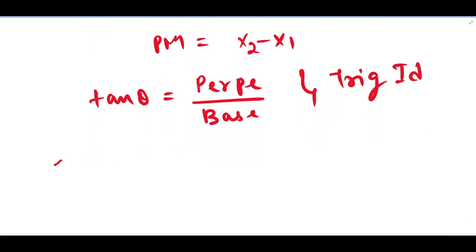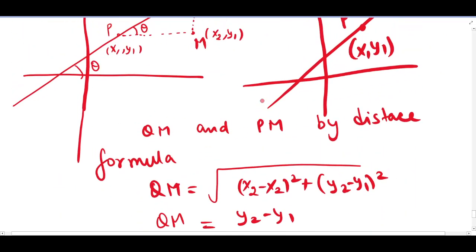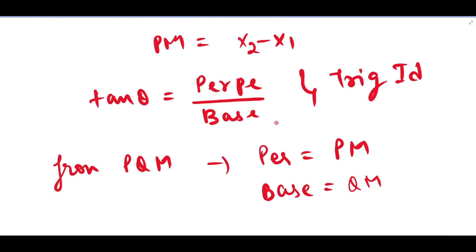So from triangle PQM, perpendicular is QM and base is PM. So QM is y2 minus y1 and base is x2 minus x1.